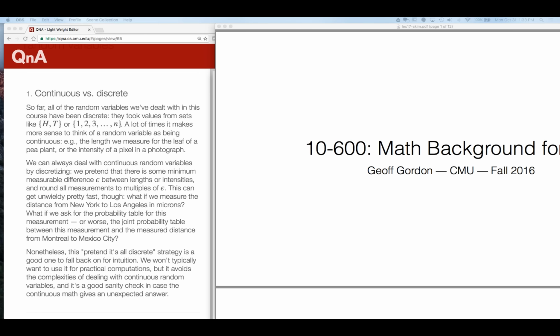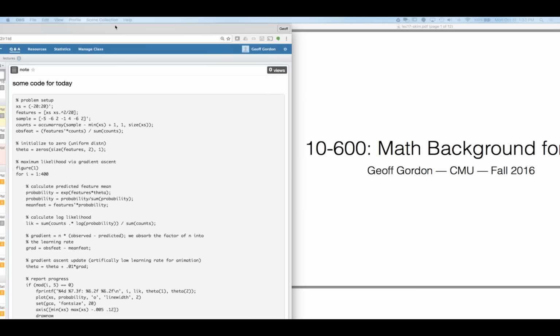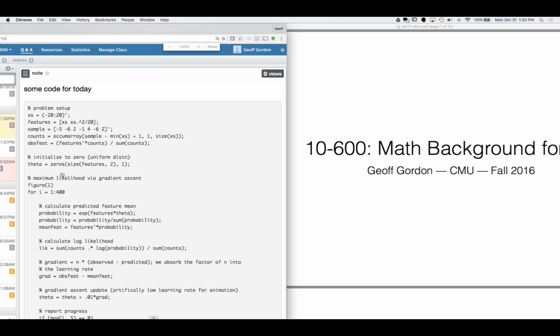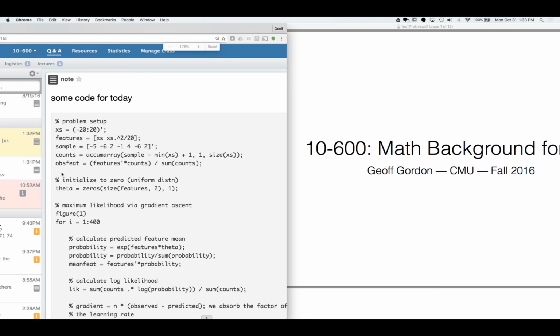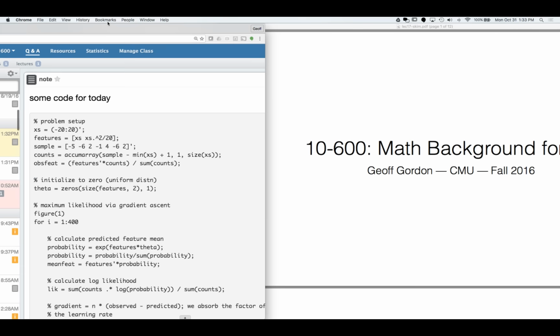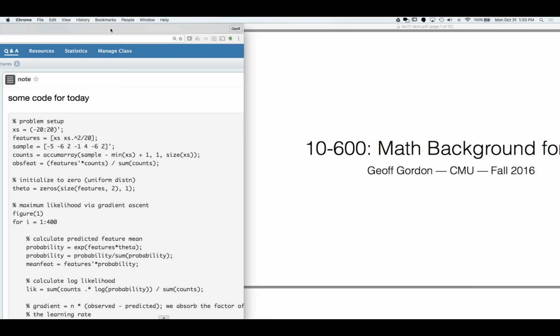So the first thing, I've posted this code to Piazza so that you guys can follow along. Hopefully this is big enough font that everybody can see.